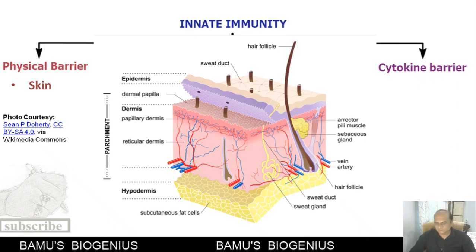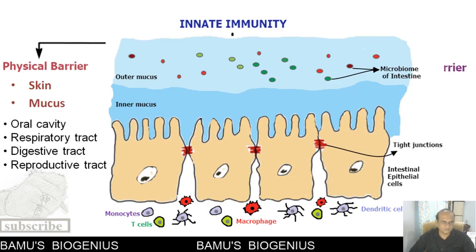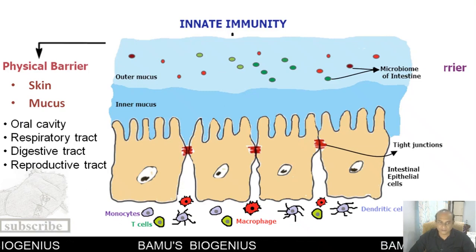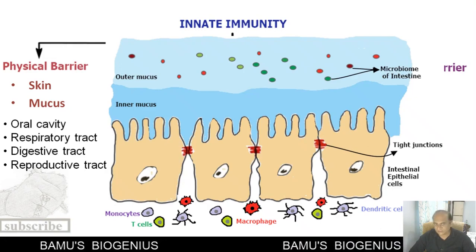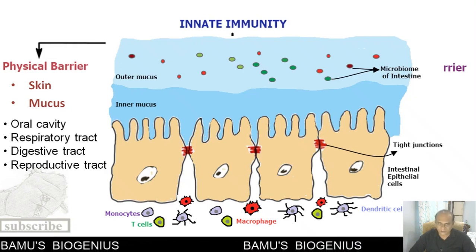Now the next physical barrier is mucus. Mucus is present in the oral cavity. It also covers the respiratory tract, for example, the inner linings of the trachea and bronchi are covered with mucus. Then the digestive tract, for example, the inner linings of the stomach are covered with mucus.